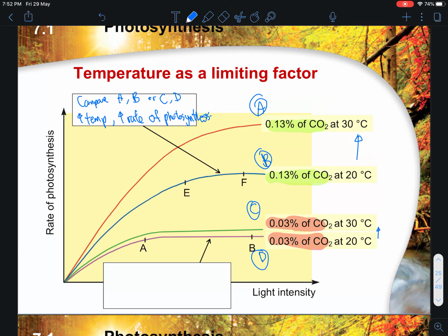And when enzymes denature, you will not form the enzyme substrate complex. Okay, no enzyme substrate complex forms, and if there is no enzyme substrate complex formed, there is no enzyme reaction, therefore no photosynthesis occurring. Okay.